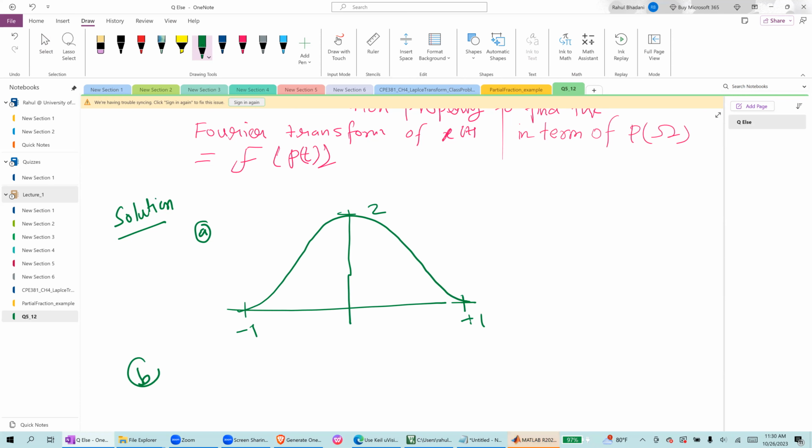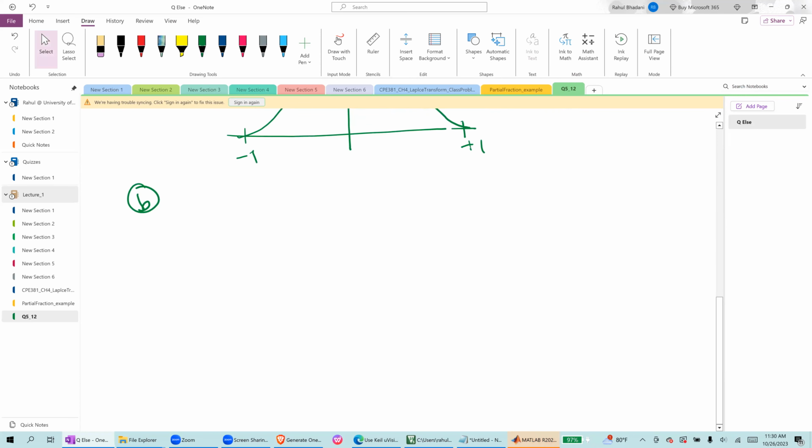Now, point number 2. First we need to see how u of t plus 1 minus u of t minus 1 looks like.